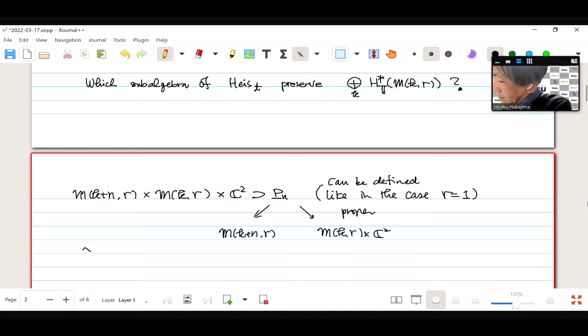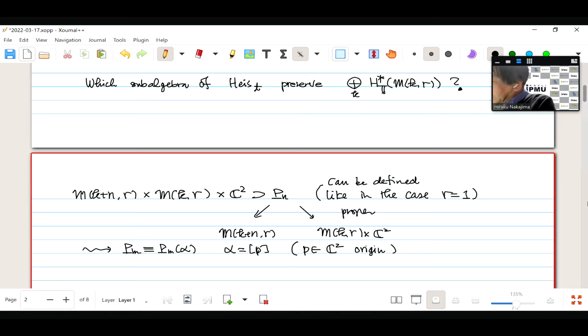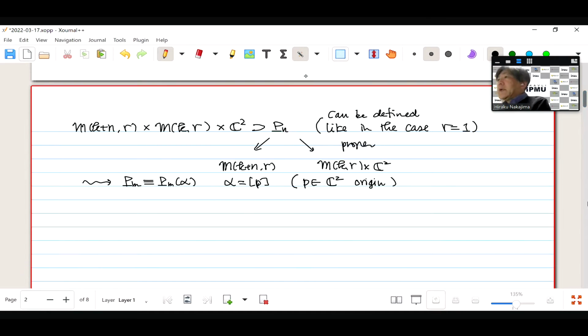Then, in the same way, you can define P_m. I only use the case when alpha is equal to the fundamental class of the origin. So you can define an analog of the Heisenberg operator in the case of Hilbert schemes of points.